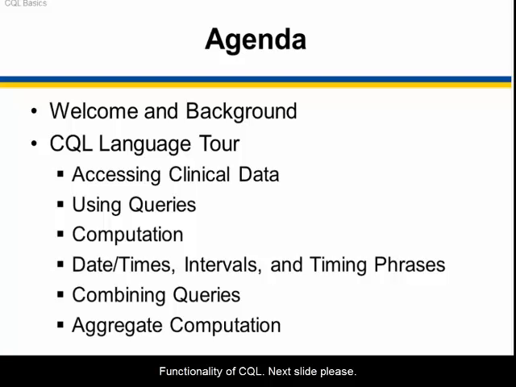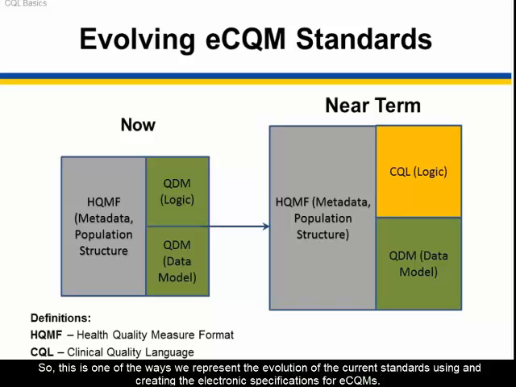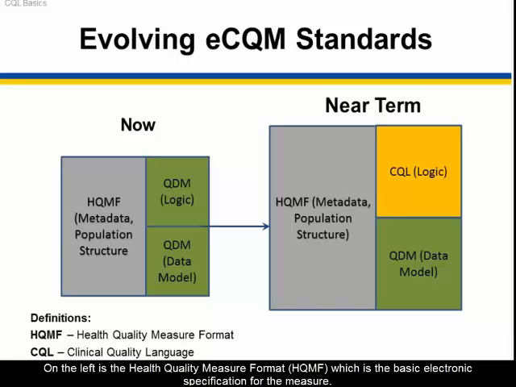Functionality of CQL. Next slide, please. So this is one of the ways we represent the evolution of the current standards using and creating the electronic specifications for eCQM. On the left is the Health Quality Measure Format, HQMF, which is the basic electronic specification for the measure.